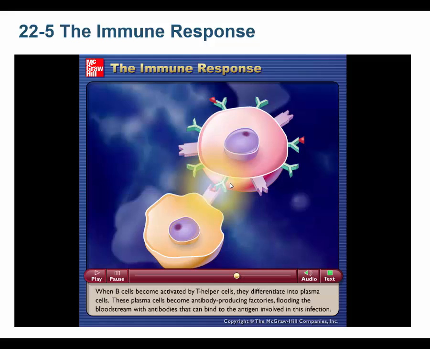Now, it doesn't make IgD, but what it does make has the same region out here that recognizes the foreign antigen. So it doesn't make this antibody that doesn't recognize the foreign antigen. It doesn't make this antibody that doesn't recognize the foreign antigen. It makes a lot of this kind of antibody that does recognize the foreign antigen.